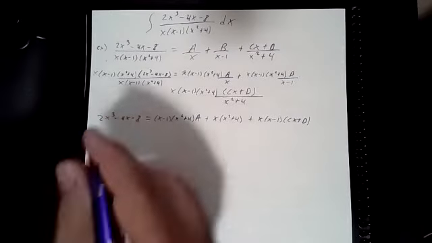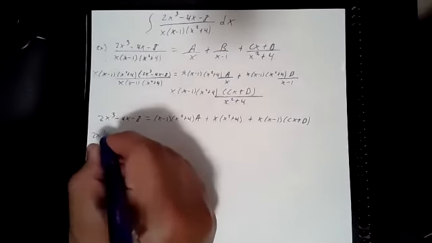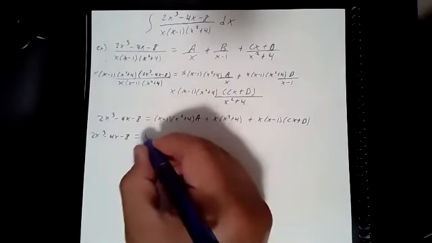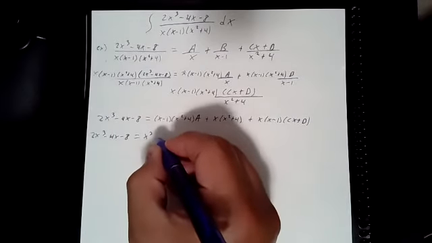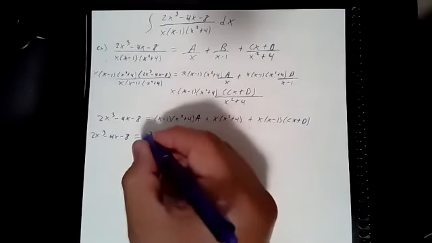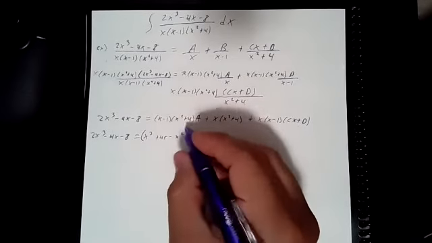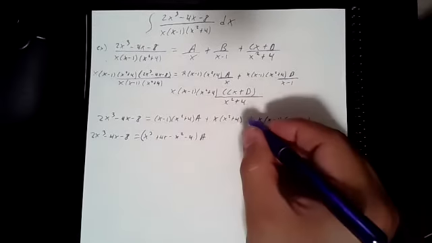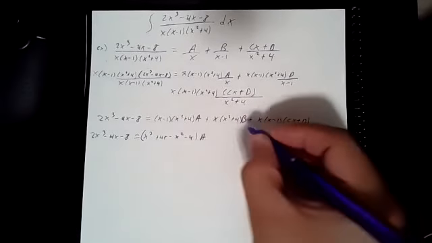So we're going to have to multiply all this out, which kind of sucks, but oh well. So this will be x cubed plus 4x minus x squared minus 4, everything times the A. I forgot my B here.